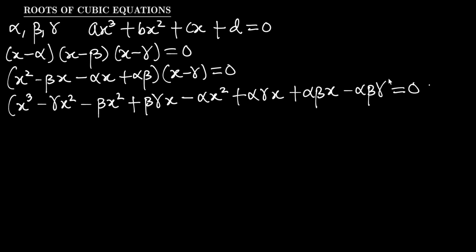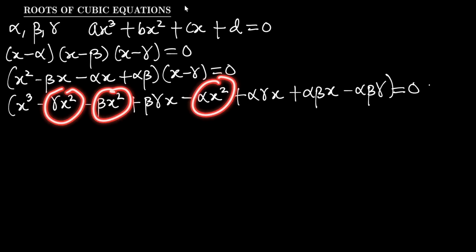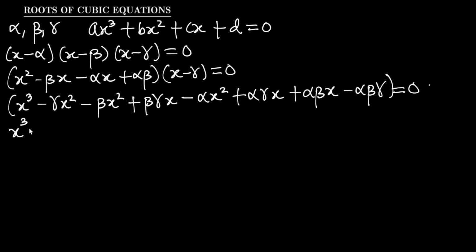So when we try to regroup by their degree, we can see that here we have x squared, and then we have the other x squared. So we can rewrite this as x to the power of 3, minus, let's take the alpha first, alpha x squared, followed by minus beta x squared, then minus gamma x squared.